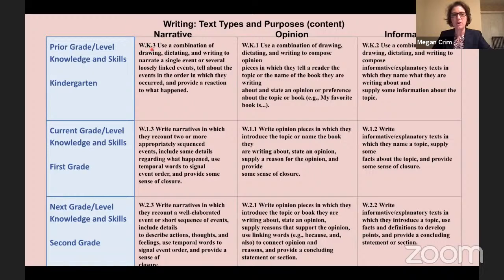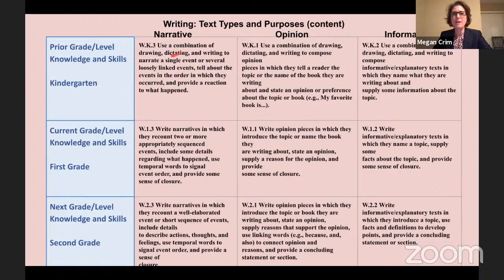K means kindergarten, and .3 is the standard within text types. And it says here for kindergarten that we need to teach students to use a combination of drawing, dictating, and writing to narrate a single event or several loosely linked events, tell about events in the order in which they occurred, and provide a reaction to what happened.